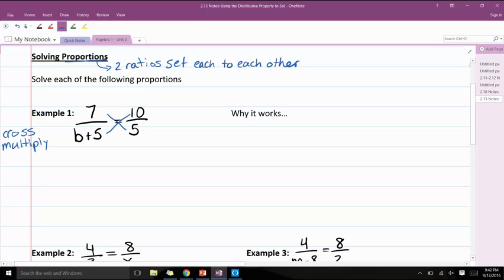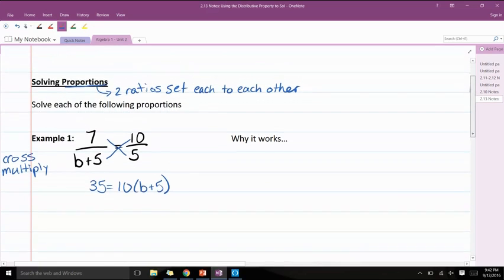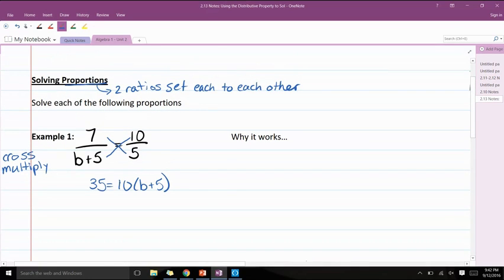Okay, so what we would get when we do that is 7 times 5, which is 35, equals 10 times the quantity of b plus 5. Now, I really want to encourage you, when you're using this cross multiplication, that you actually show this step like I did as 10 times the quantity of b plus 5.